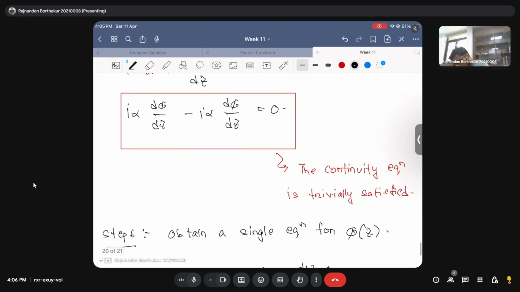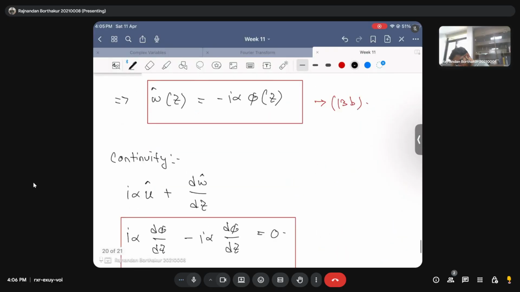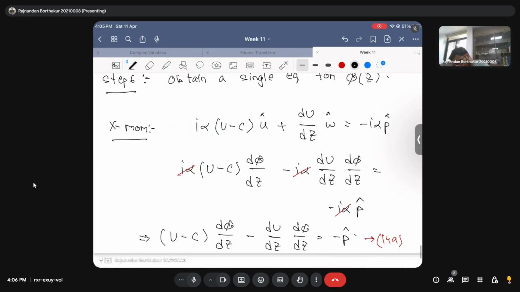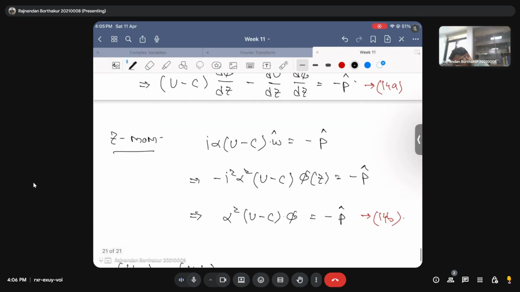Did I make any mistake here? This is this, okay, this is fine. This is the x momentum, and this is the z momentum.